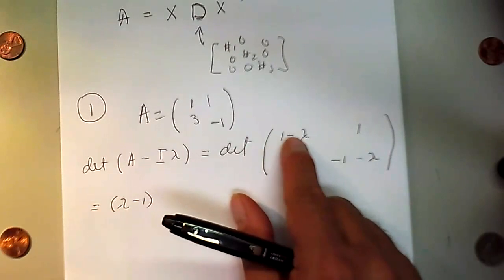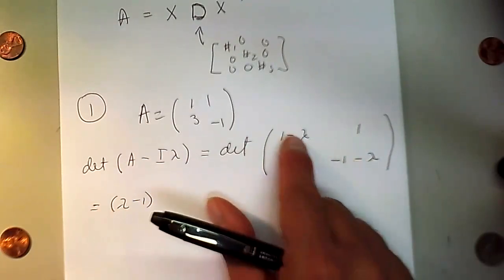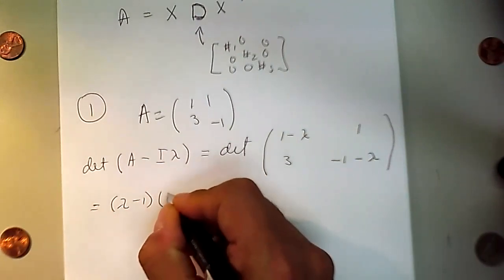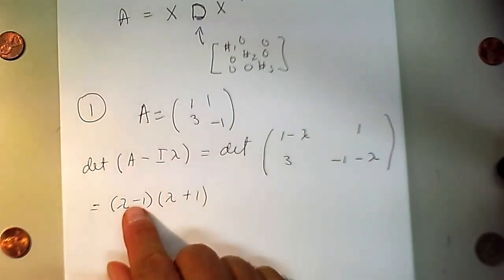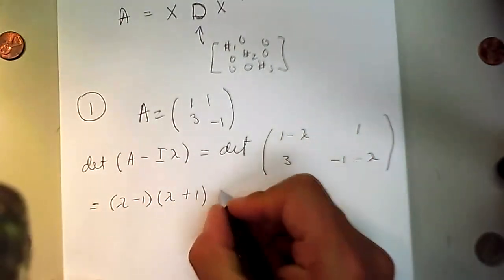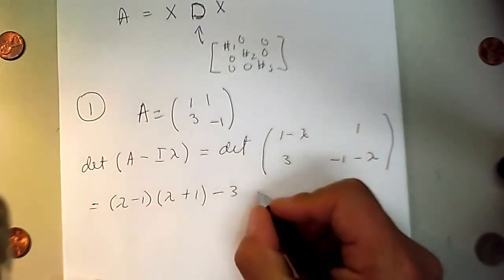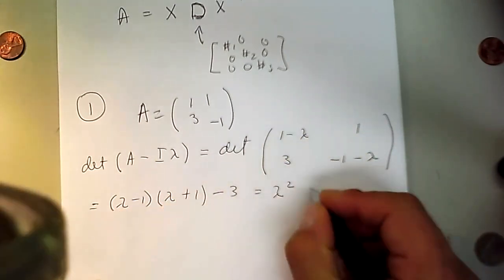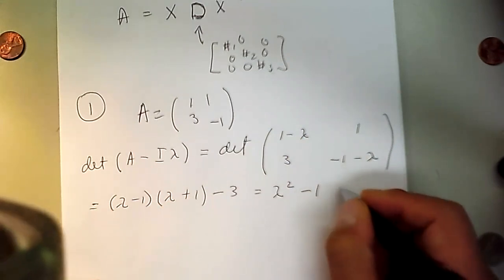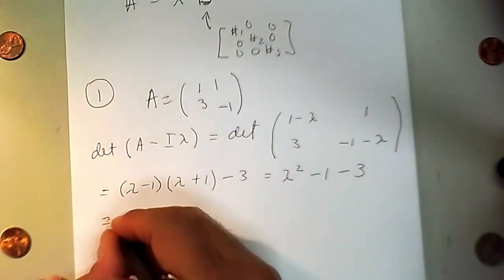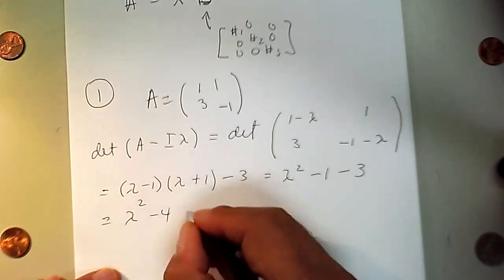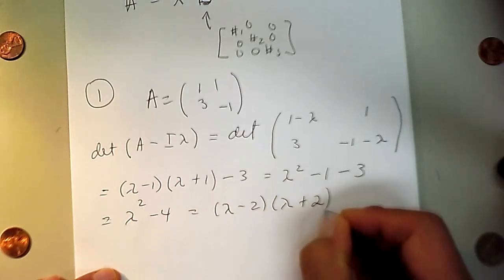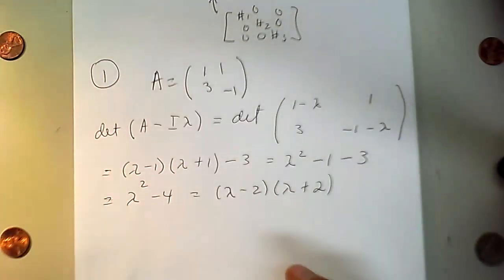If we multiply this by -1 and this by -1, when we multiply those two together, we end up with the same product. And that is lambda plus 1. And then minus 3 times 1. So that is lambda squared minus 1 minus 3. And that is, of course, lambda squared minus 4, which is lambda minus 2, and then lambda plus 2.